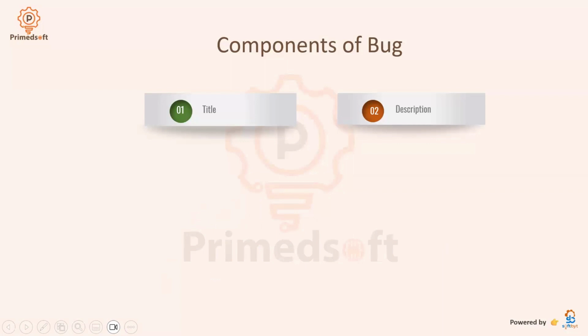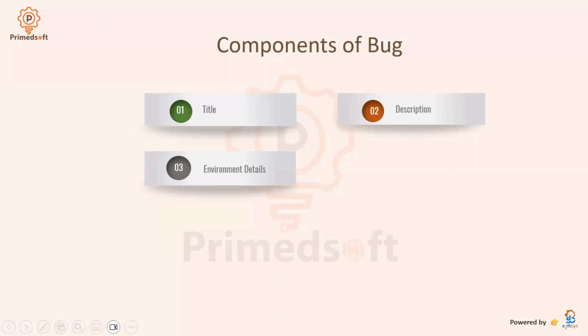Right. So the next one is environment detail. Once you've entered the title and the description, including steps to reproduce, expected and actual, you will now give environment detail: the environment where you are actually testing that web application. Your environment is information about the environment in which the bug was observed, which includes your operating system.